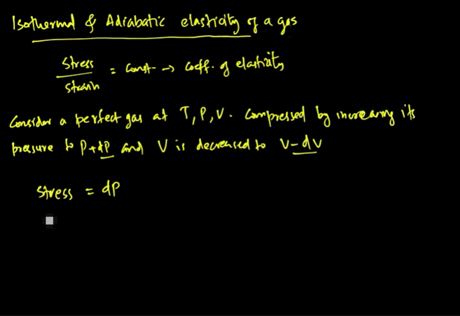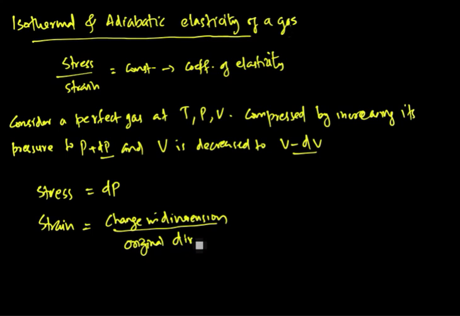Then the strain is actually the ratio of change in dimension to the original dimension. Change in dimension is the change in volume, that is minus dV, divided by the original dimension, the volume V.